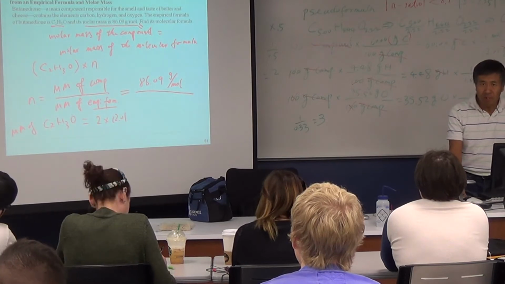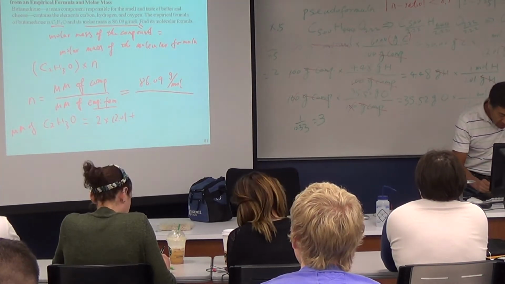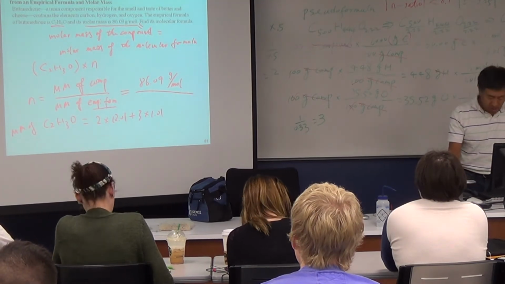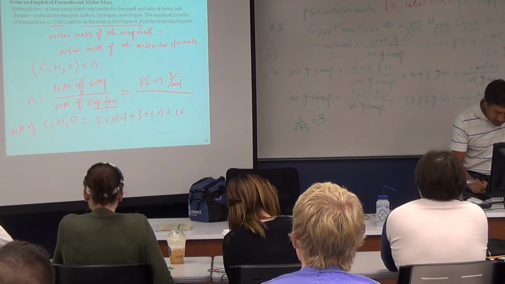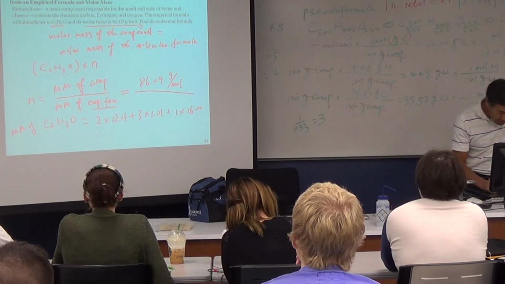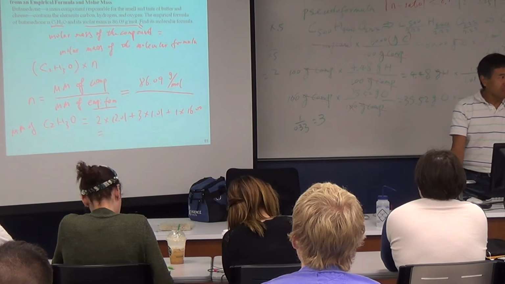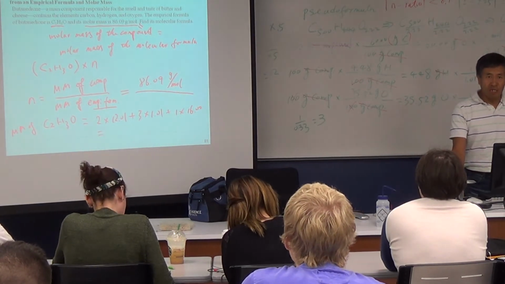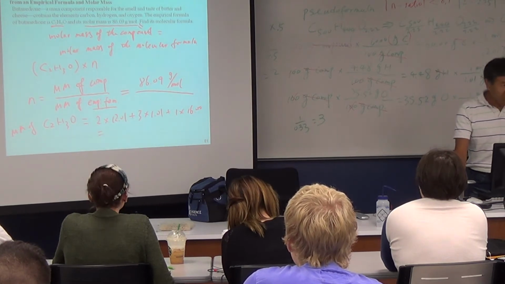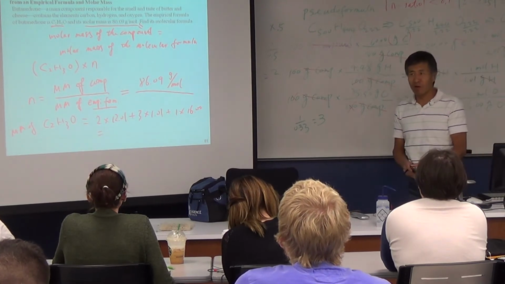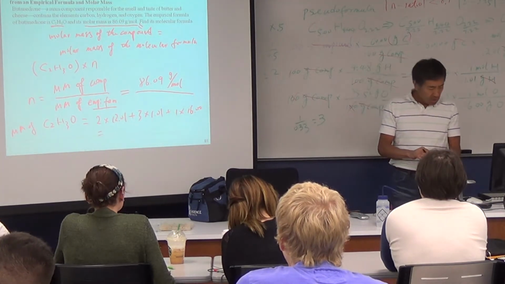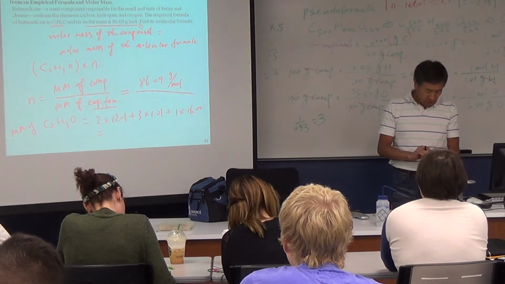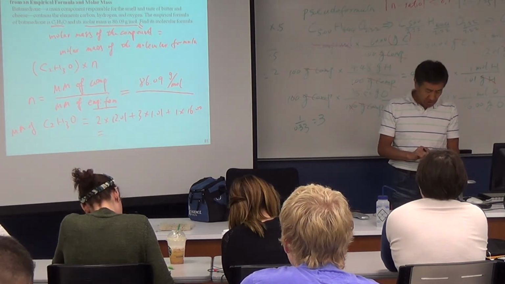Because we have 2 carbons. Plus 3 times 1.01, because we have 3 H. Then plus 1 times 16, and that will be our molar mass. You can also call this number molecular weight, depending on the unit. If you get a number and you see it's how many amu, then you talk about the molecular weight. So we have 2 times 12.01 plus 3 times 1.01, then plus 1 times 16.